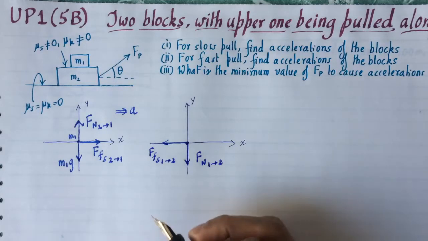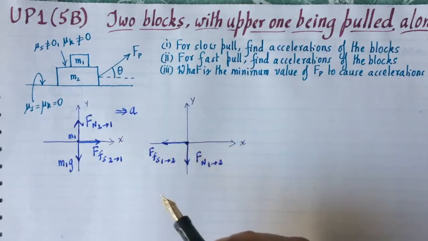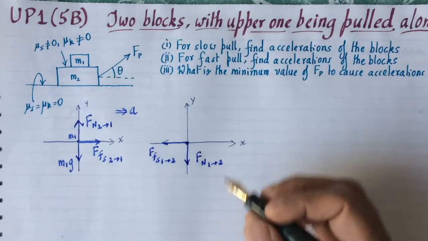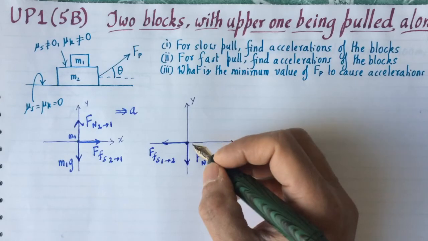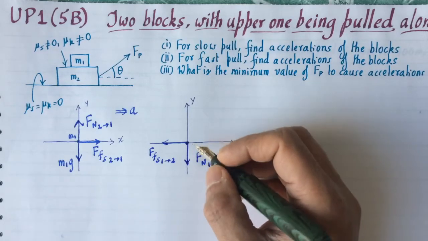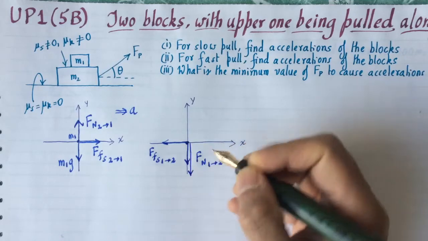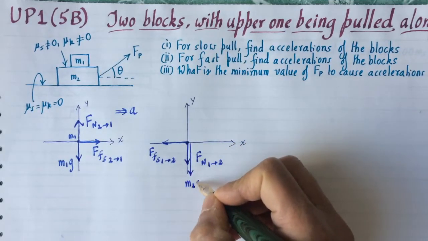Observe that the weight of mass m1 is not acting. It's a normal force that acts. So the weight is coming through the normal force. Separately, the mass m2 also has gravity acting. So we have m2 times g.